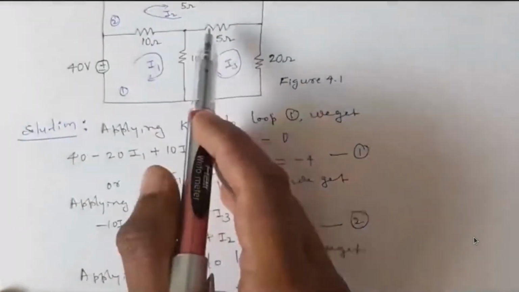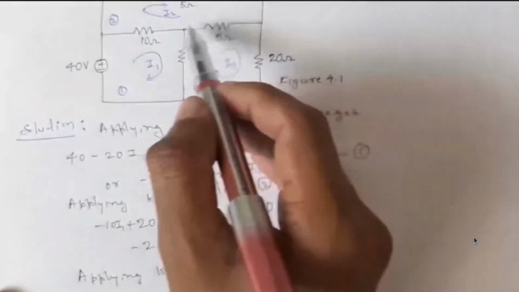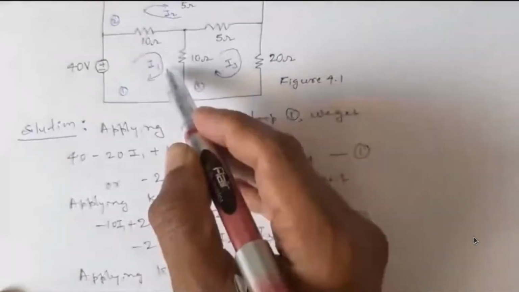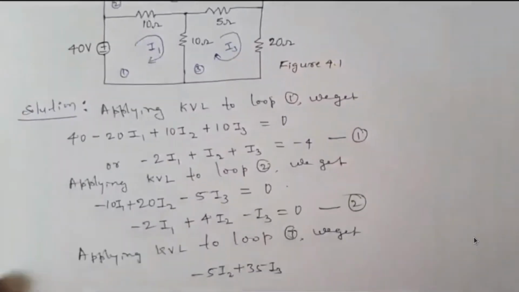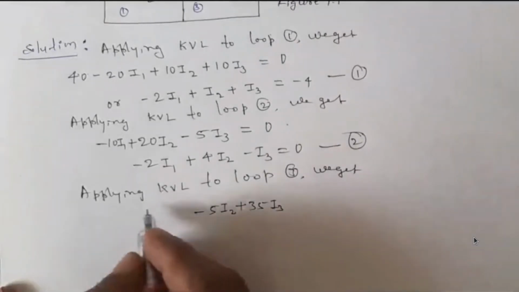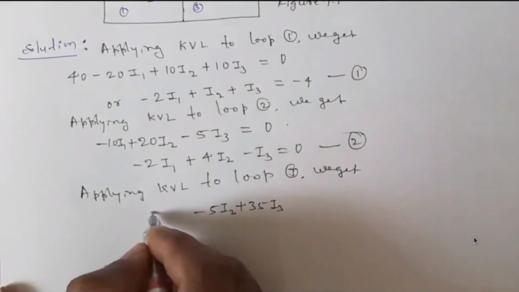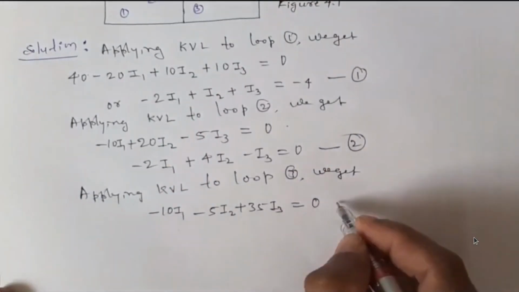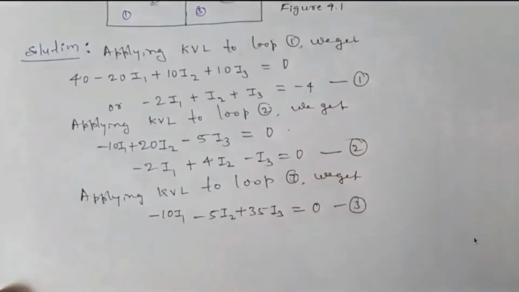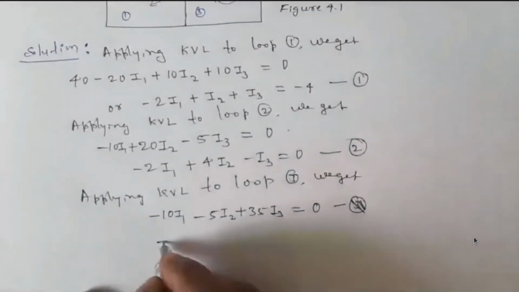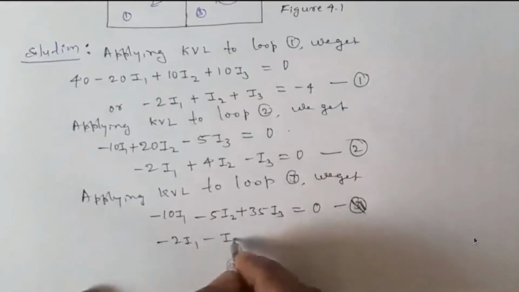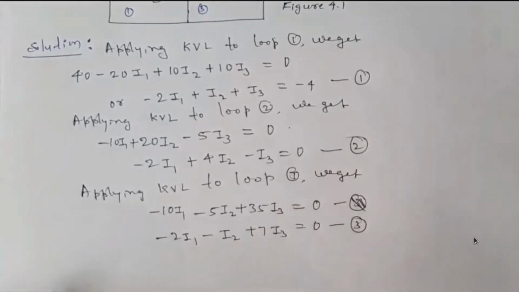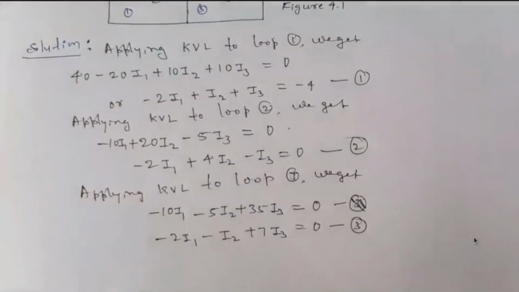And I3 and I2 are both flowing in opposite direction, because of that minus 5 I2, and I1 and I3 are also in opposite direction, so minus 10 I1 is equal to 0, since no sources are there. One more step I'll reduce: minus 2 I1 minus I2 plus 7 I3 is equal to 0. Call this equation number 3. We have formed 3 equations.